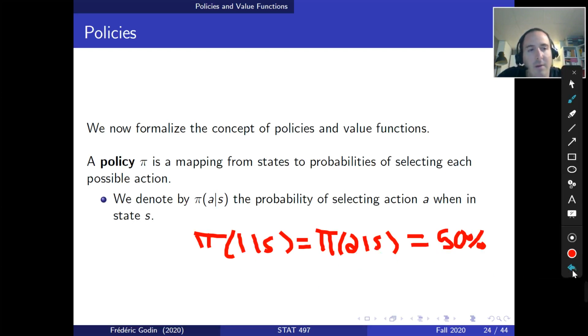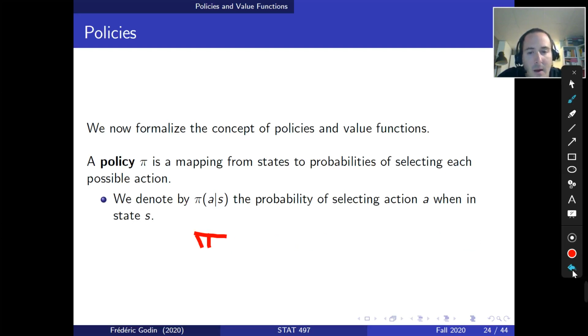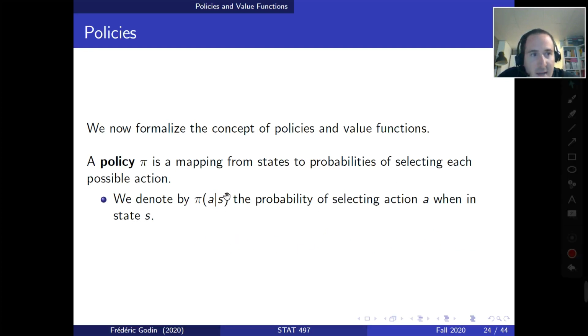Okay, so here that was the definition of a policy. It's simply a function which takes as an input a state, and then for a given state associates a probability for each possible action.